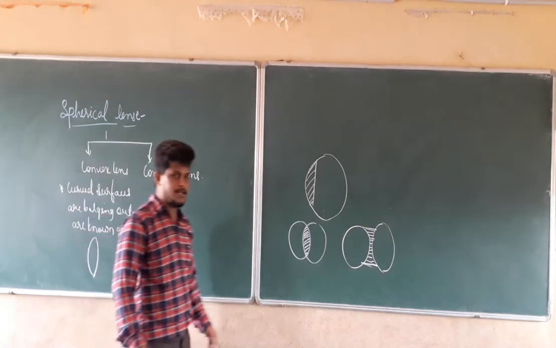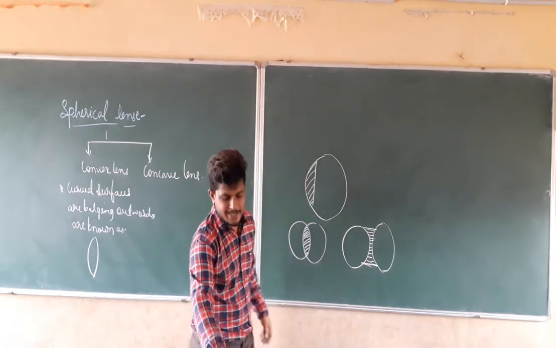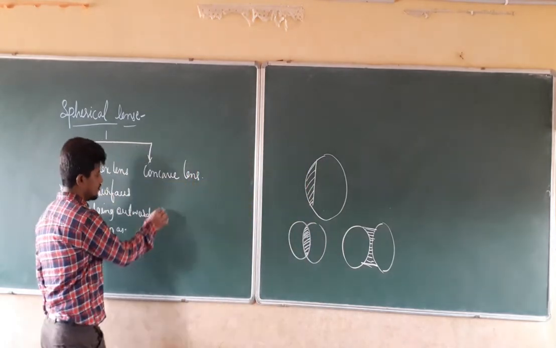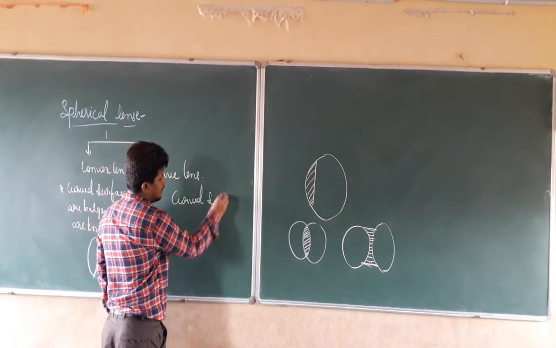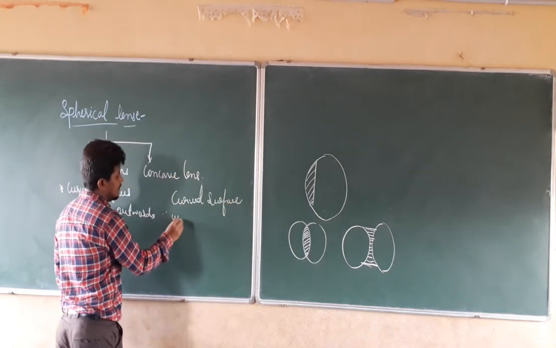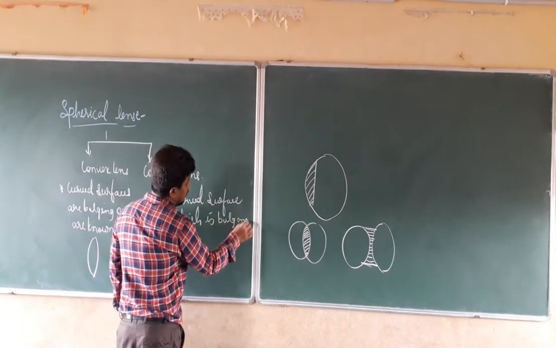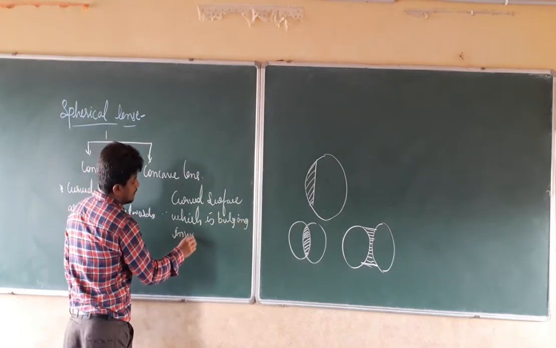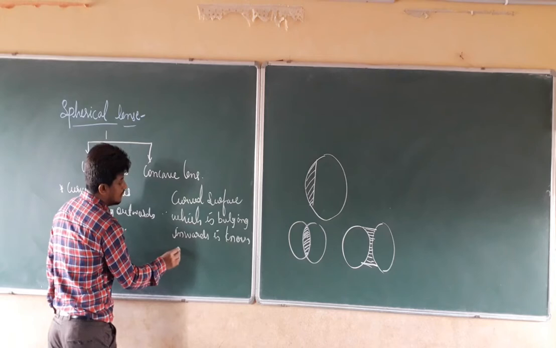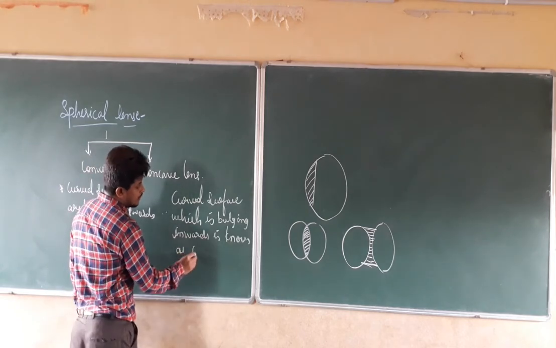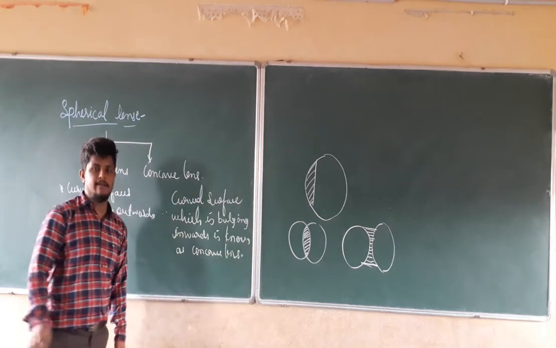If the curved surfaces are bulging inwards, those lenses are known as concave lenses.